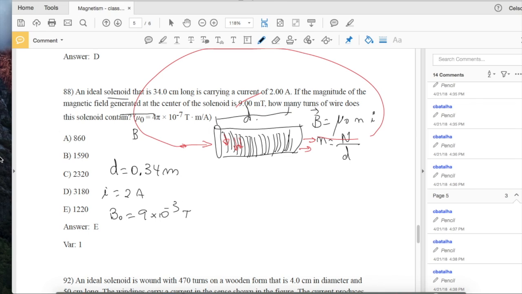How many turns? So then you just apply the equation. So B, which is 9 times 10 to the minus 3 Tesla, is equal to mu naught times the number of turns divided by the distance, which is the size of the solenoid, times the current, and then we can find N.